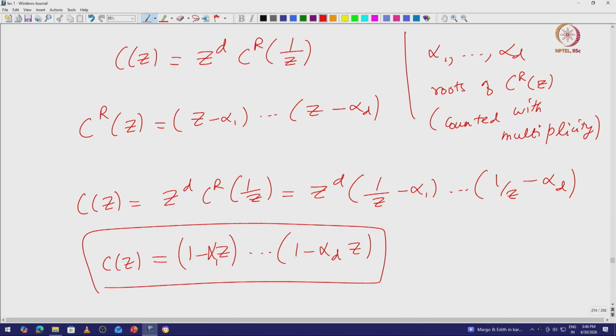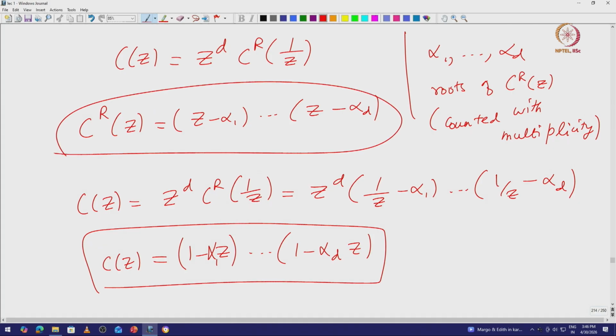So, this is the relationship between the given polynomial, which has constant coefficient 1, and its reflected polynomial C_r of z. By solving this polynomial we will be able to rewrite a given polynomial in nice form. That is why we were considering this. Note that in the case of Fibonacci numbers, C_r of z is nothing but z squared minus z minus 1.